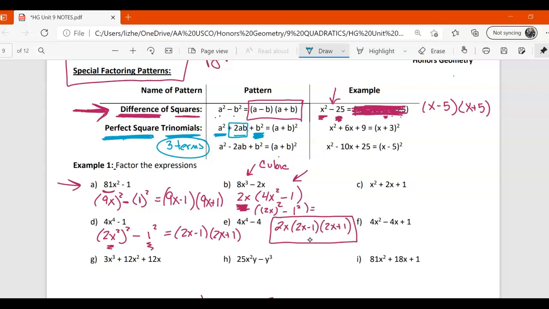You take the square root of the first term, which is a, and the square root of the last term, which is b, multiply them together and then double it. And if you get this number, you have a perfect square trinomial, and it will factor like this.